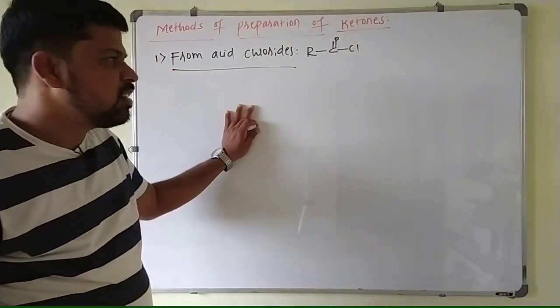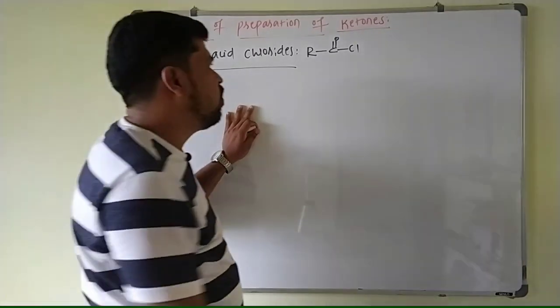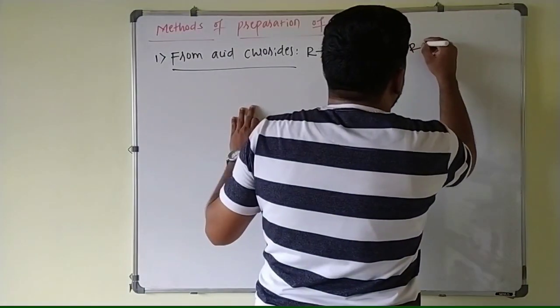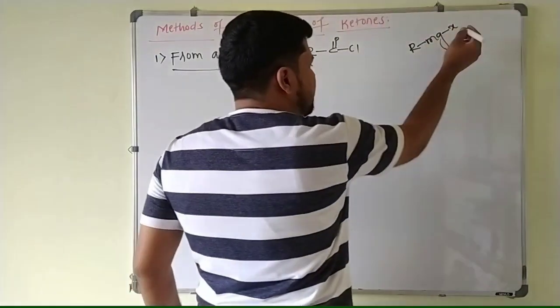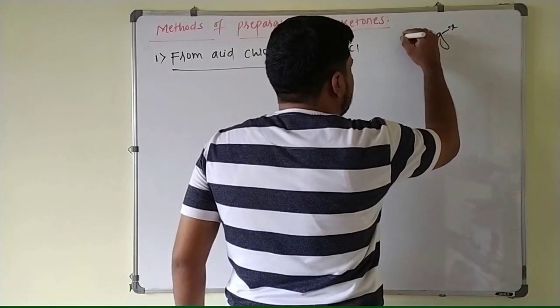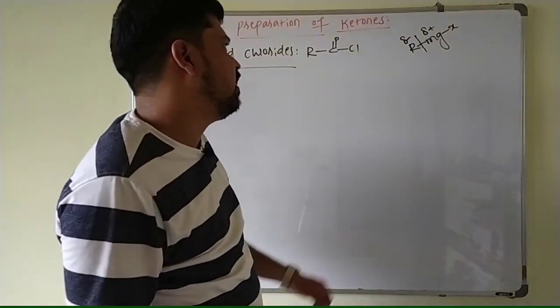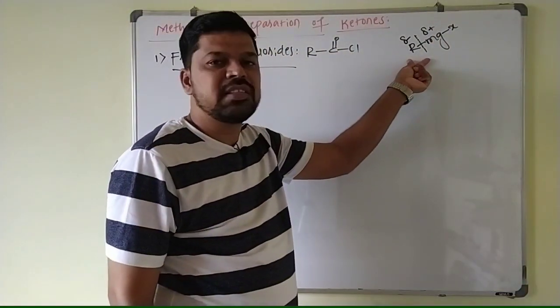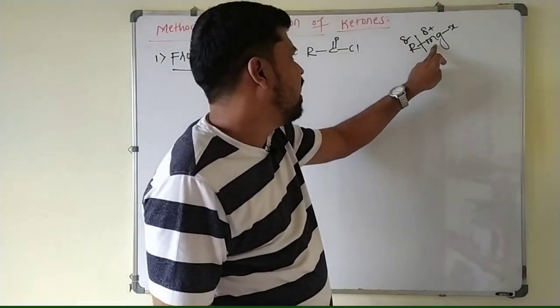Now these acid chlorides will react with the Grignard reagent to form the ketones. What is Grignard reagent here? Grignard reagent is nothing but alkyl magnesium halide, which gives the alkyl group here. Here this alkyl group is electronegative. This is partial negative, and the remaining part is partial positive. So you have to break this Grignard reagent like this only. Alkyl group is given outside in the negative form, and this is the positive part here.